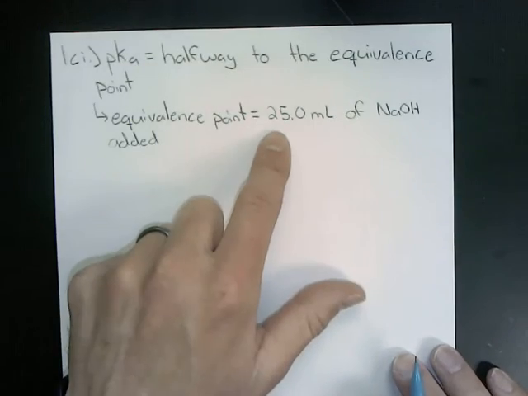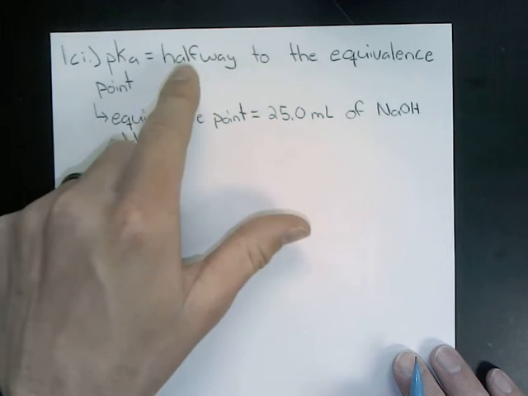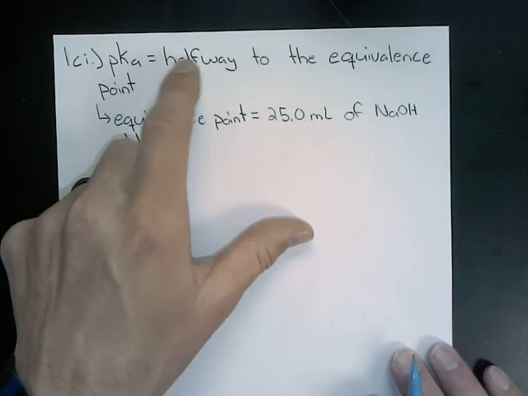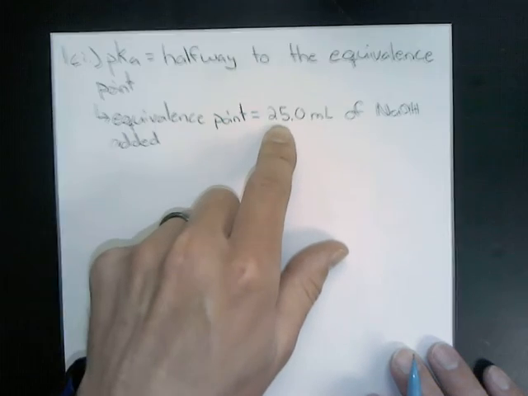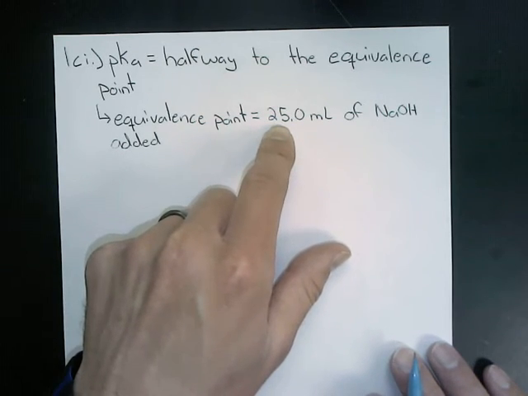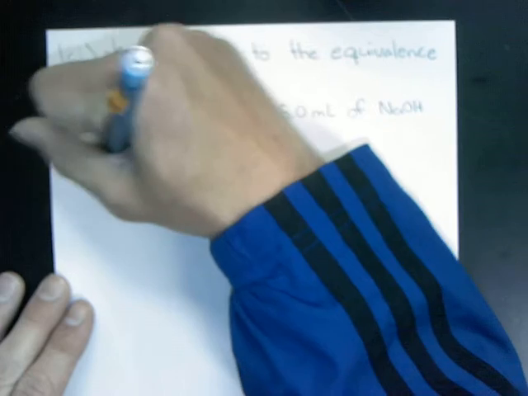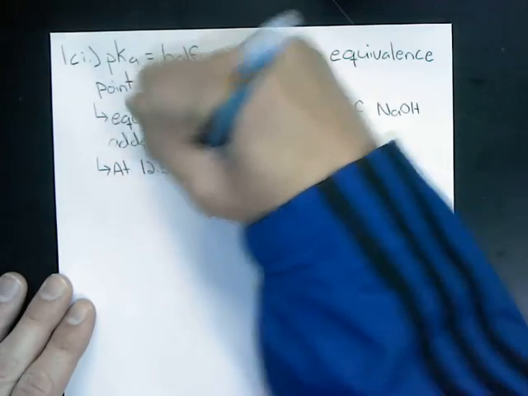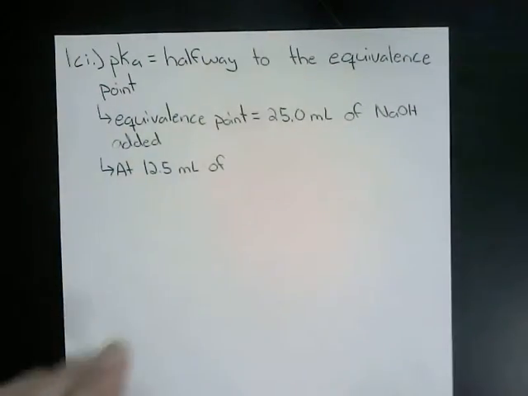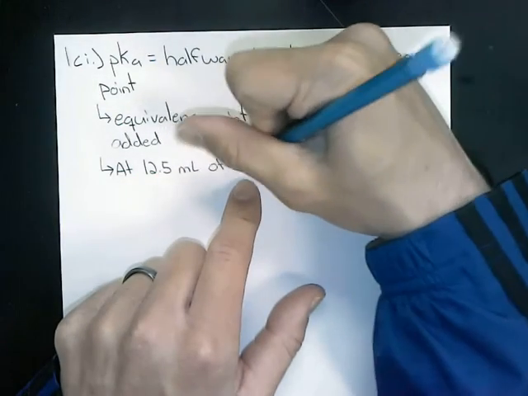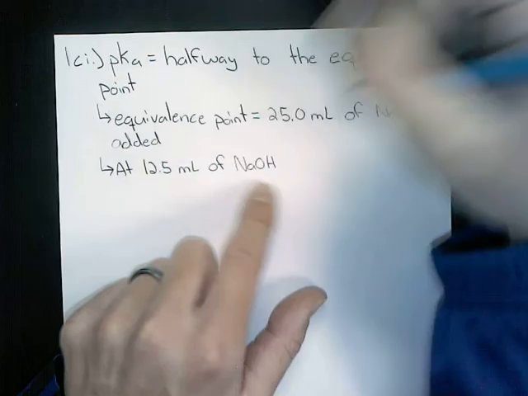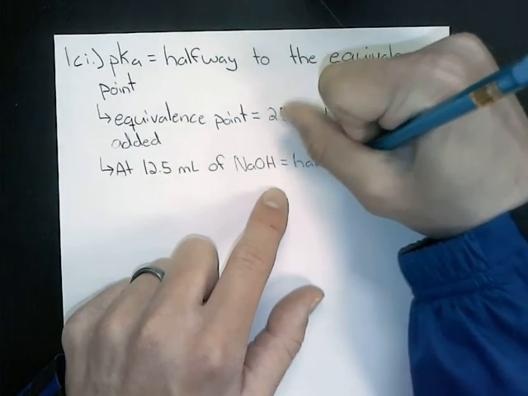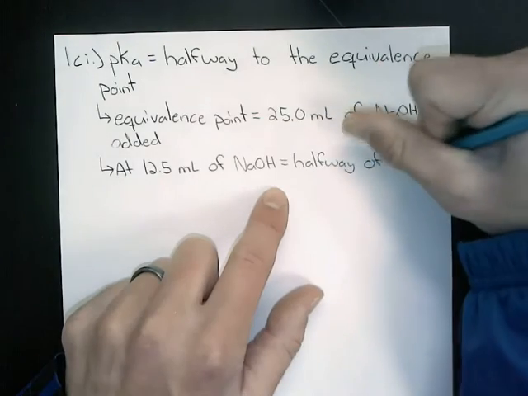Okay, if the equivalence point is 25 milliliters, we need to get halfway. So our halfway point is this number, 25 divided by 2. So at 12.5 milliliters of NaOH added is equal to halfway of the equivalence point.